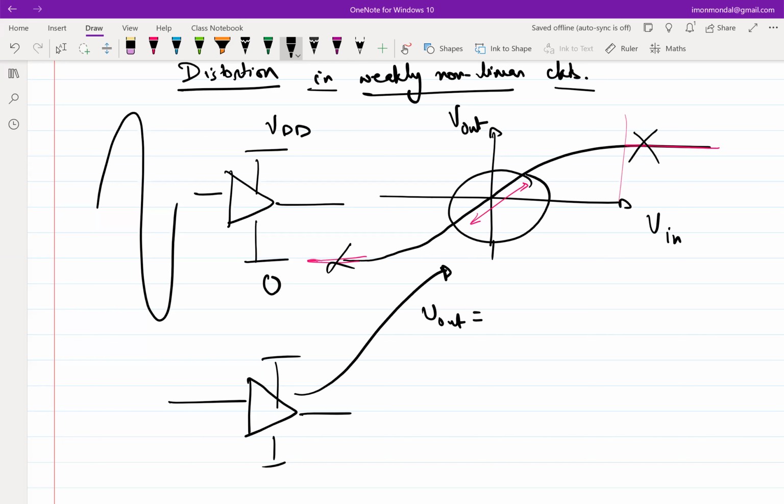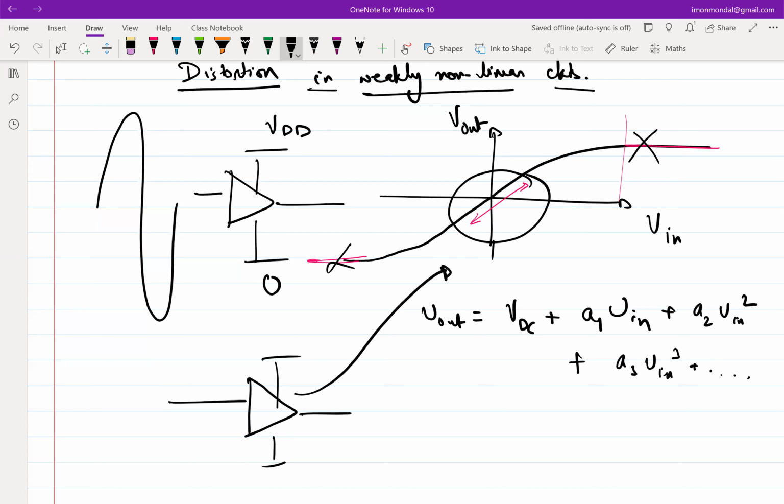So V out equals some VDC plus A1 V in plus A2 V in squared plus A3 V in cubed plus dot dot dot.